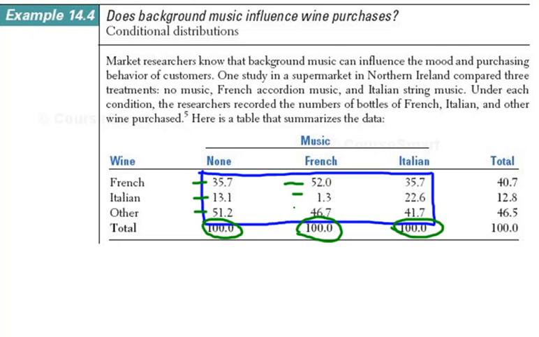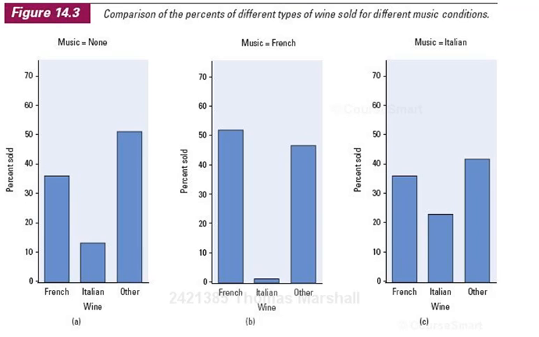And now these are all percents. And from these percents, which are the conditional distributions, I can make a graph so I can get a visual.